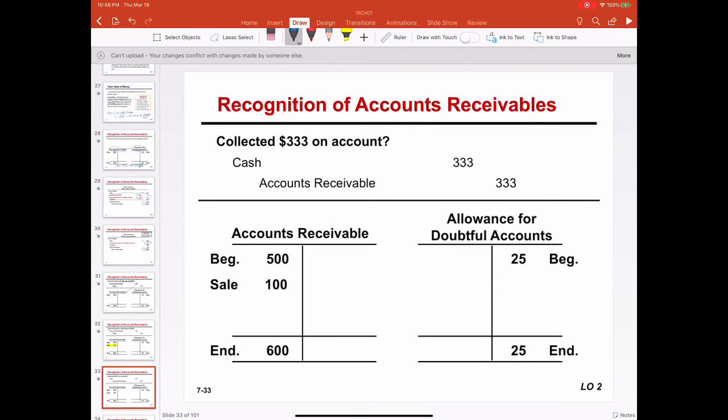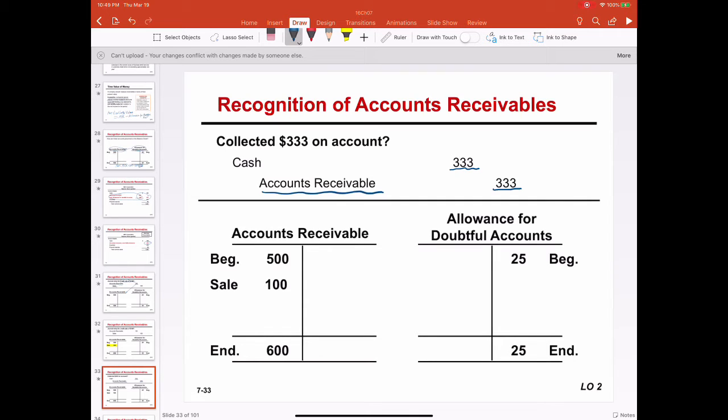The next one is collect receivables, receipt of the cash payments from customers. So we are going to write off the amount of cash received from the accounts receivable account. The firm received $333 and also writes off $333 of accounts receivable.